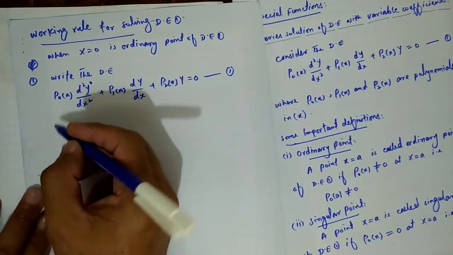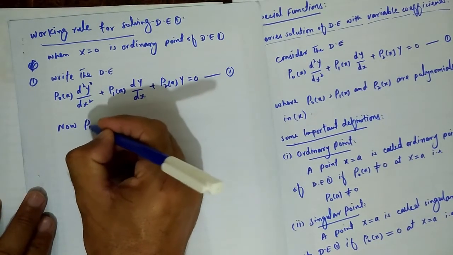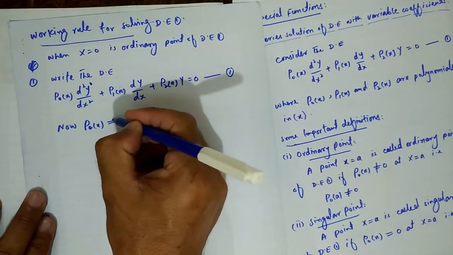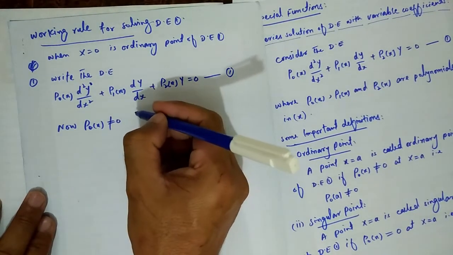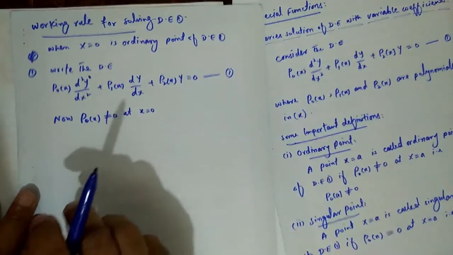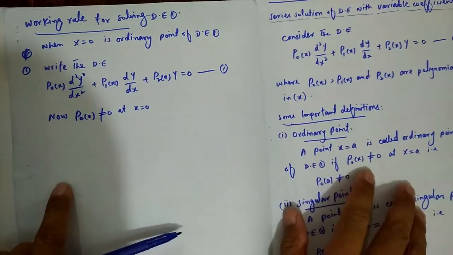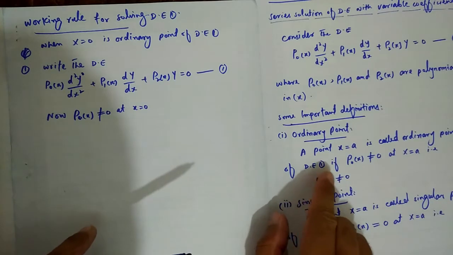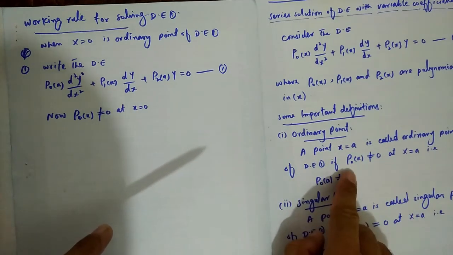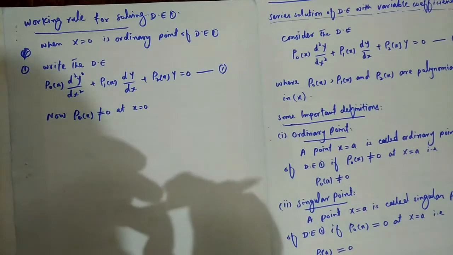Now in the second step, p naught of x is not equal to 0 at x equals to 0. We saw in the ordinary point definition that if at any point this polynomial p naught of x does not vanish, then that point is called an ordinary point.